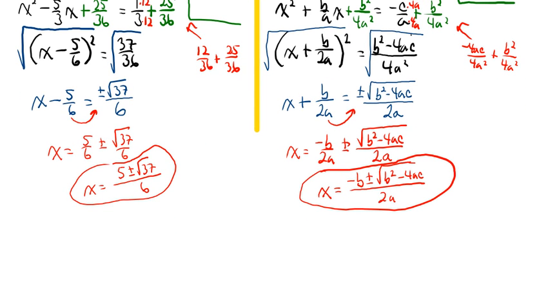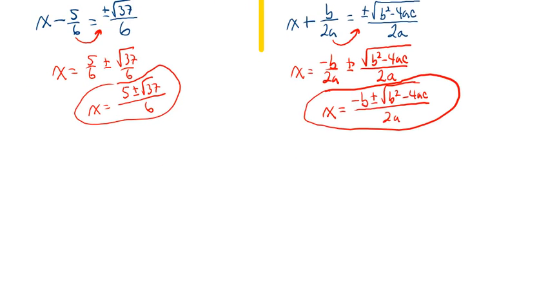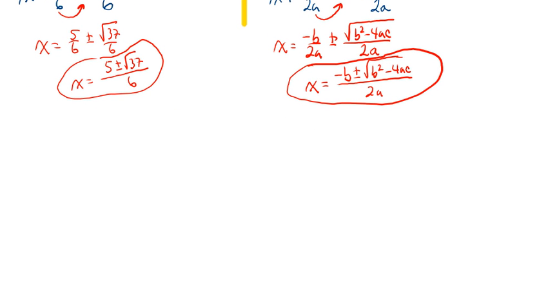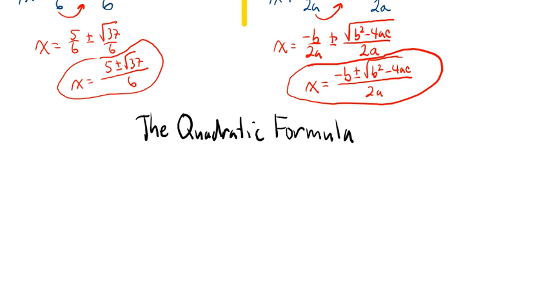All right, so this is one of the most important formulas you will learn in high school math, and it's called the quadratic formula. And it comes from completing the square. It comes from all the steps in the completing the square process turned into one formula.